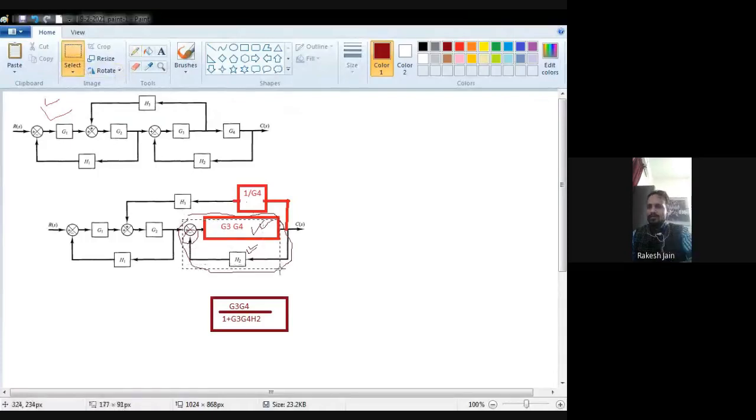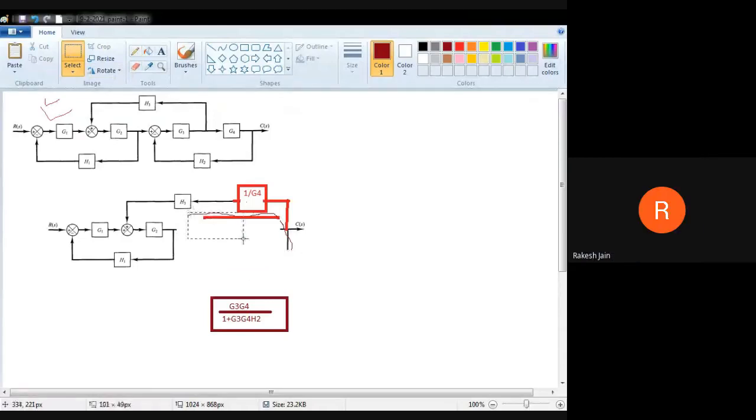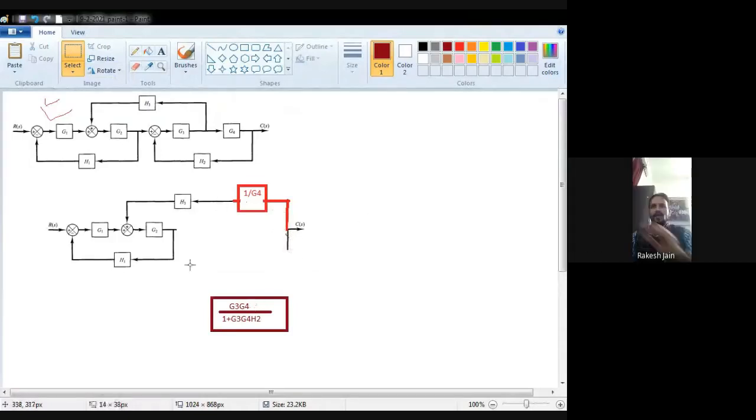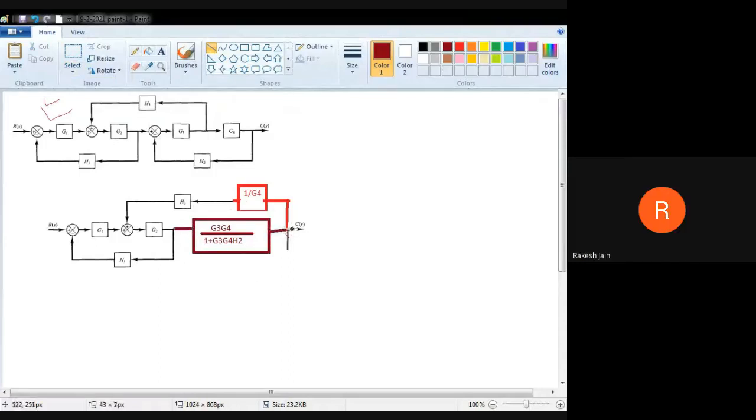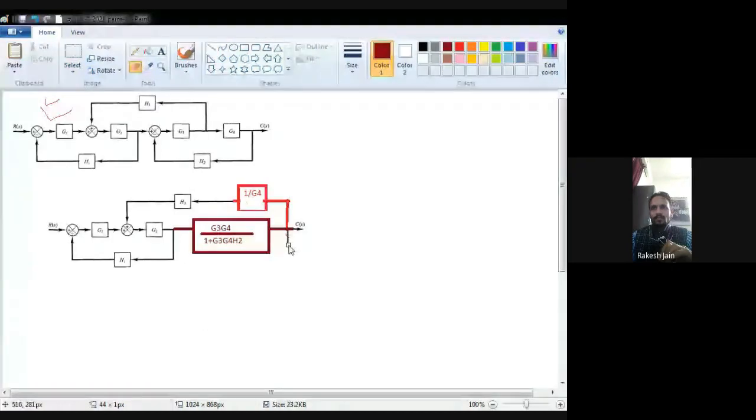So now I am going to remove this feedback loop. Before removing, I once again repeat. Now this will behave as a feedback loop in which the forward gain is G3 G4 and feedback gain is H2. So what is the rule? Just remove this forward and feedback gain. Instead of them, just draw a single block in which write down the formula such that forward gain divided by 1 plus or minus feedback into forward, and the sign of plus or minus depends on by which sign the feedback comes in the summing junction.